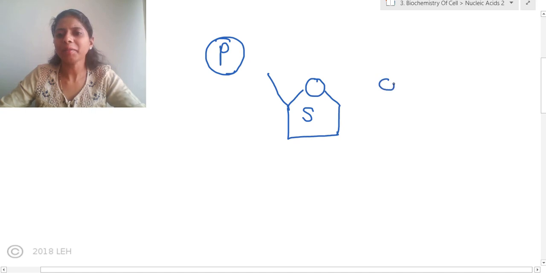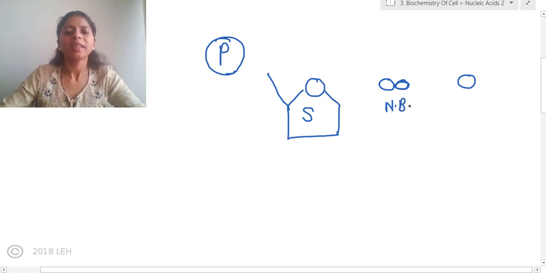I'll draw the pyrimidine ring like this, two circles, and the purine ring we will indicate just as a single circle. I'll just write here nitrogenous base.